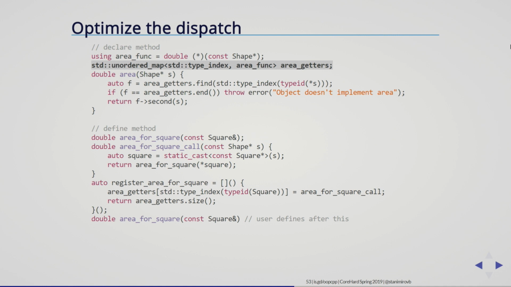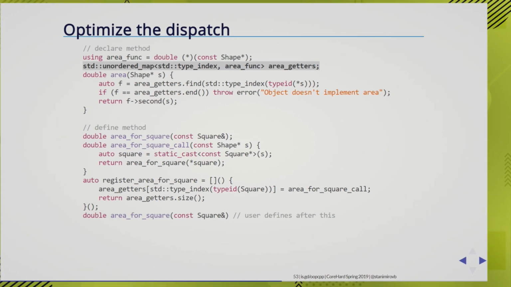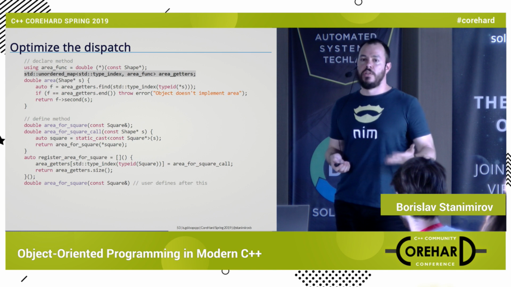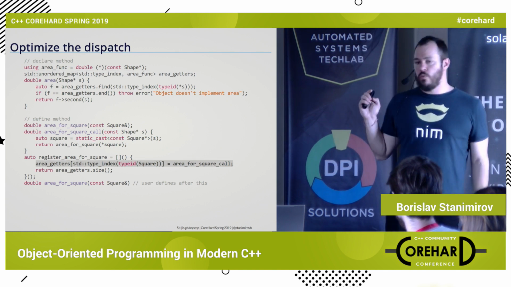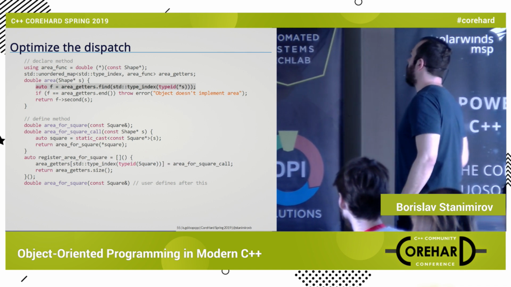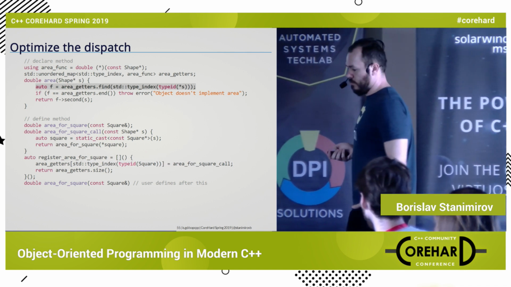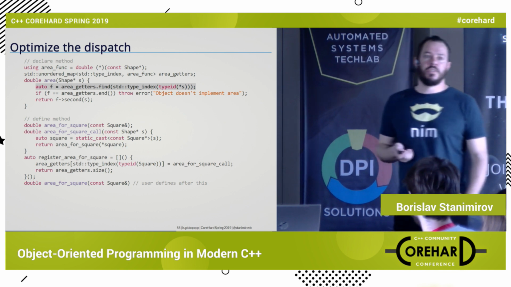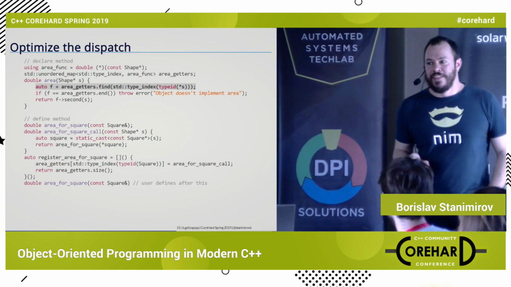And even though it's implementation defined, it can actually be a key in an unordered container, like unordered map and unordered set. So we can create an unordered map with our area function, and then we can register the function in our registry, which is now an unordered map. And then in the call, we just need to find it in the map, which is optimistically O(1).